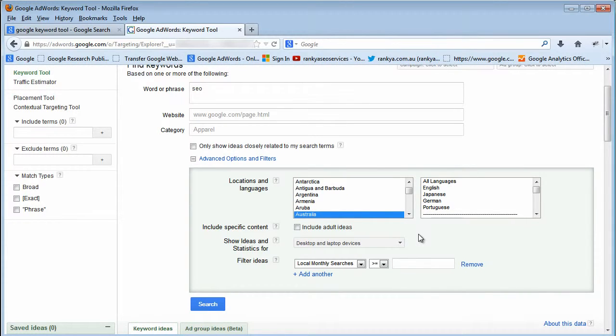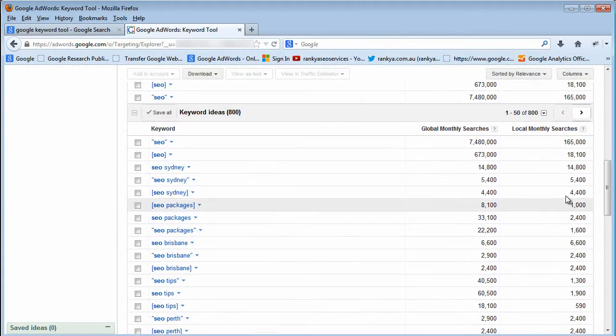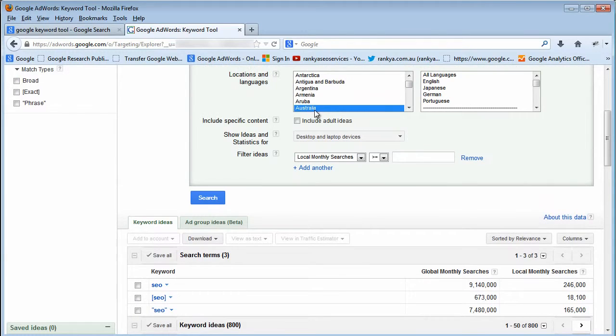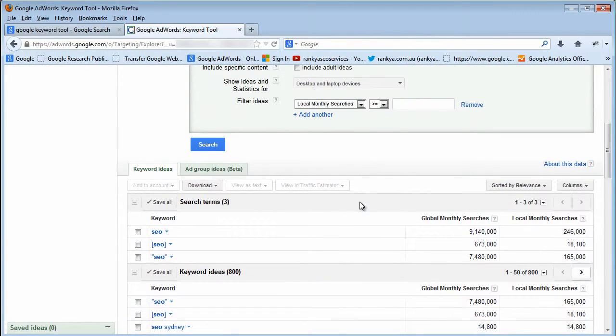If you run a business, or if you're targeting keywords that are based locally, then you must understand the difference between this and that. This becomes very important, especially if you're targeting locally, which you should anyway. For any online business that you're in, you should definitely be focusing on local searches anyway, right?